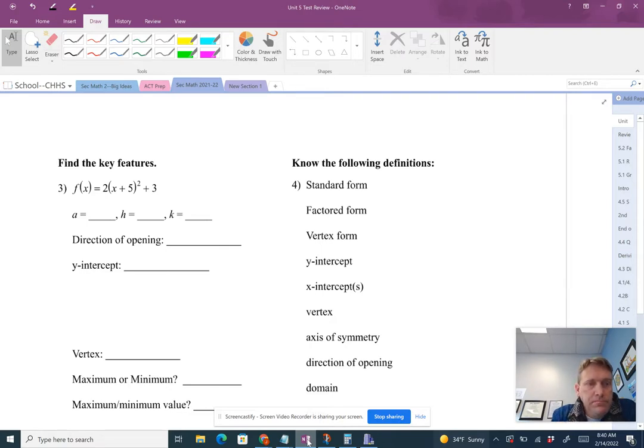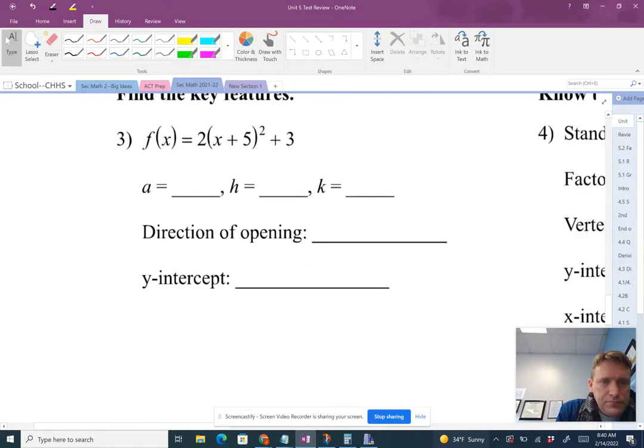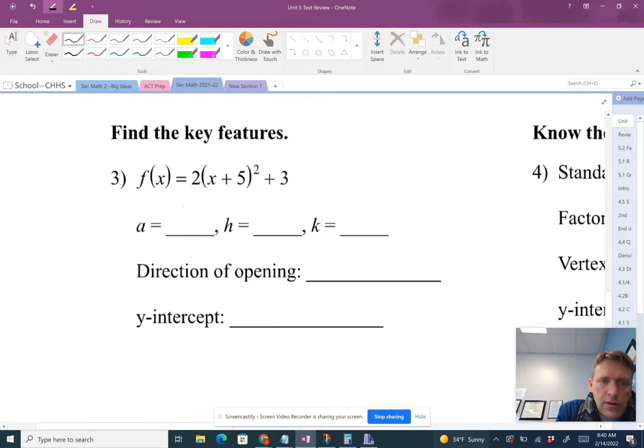So for number 3, our A value is 2. Our H value is negative 5.